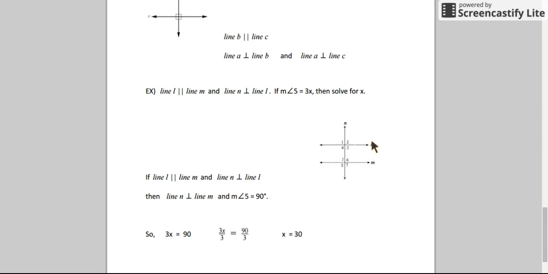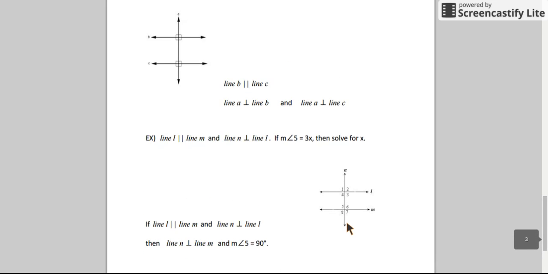Well, if we know that line L and line M are parallel, and line N is perpendicular to line L, line N must also be perpendicular to line M, because L and M are parallel, and N is perpendicular. So the measurement of all of these angles must be 90 degrees, including angle 5. So if angle 5 equals 90, then that must mean that its expression 3x equals 90. And we could divide both sides by 3 and solve for x and get x is 30.